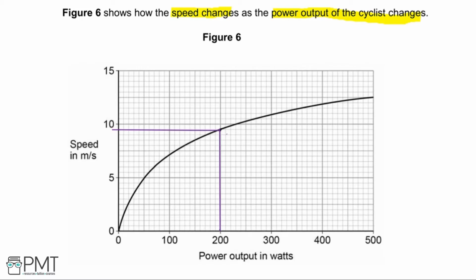We can see here that the speed at 200 watts is 9.5 meters per second. Then we do the same for 300 watts. Starting at 300, going up to the line and going from the line to the y-axis, what we have is a speed of 11. So our change in speed is from 9.5 meters per second to 11.